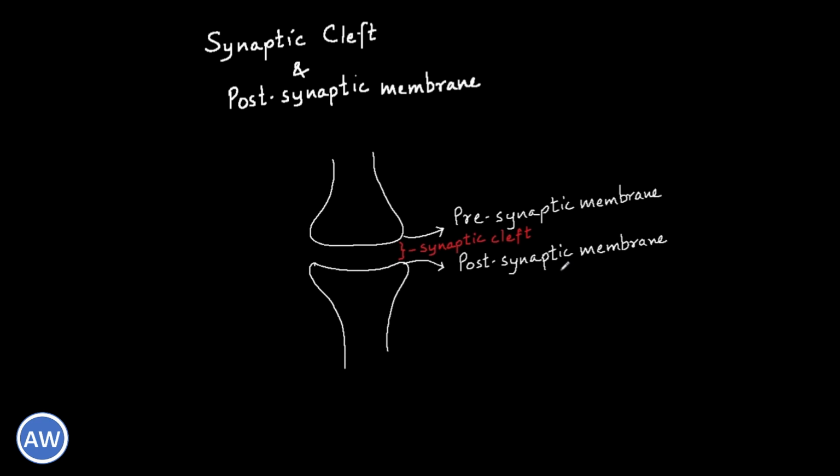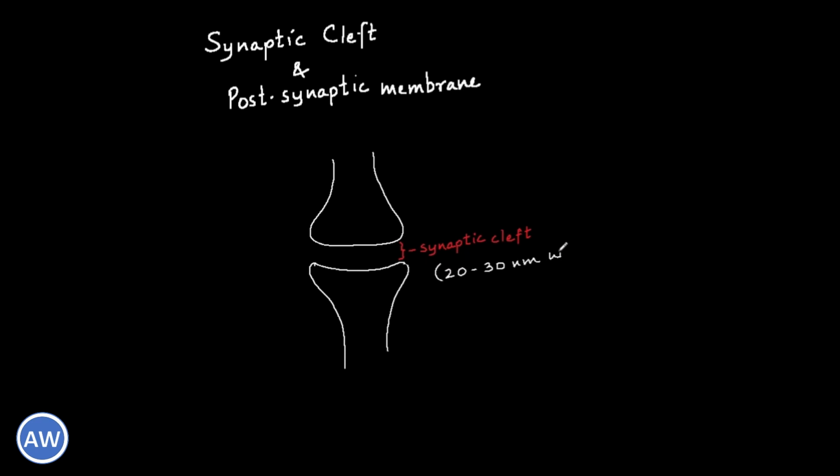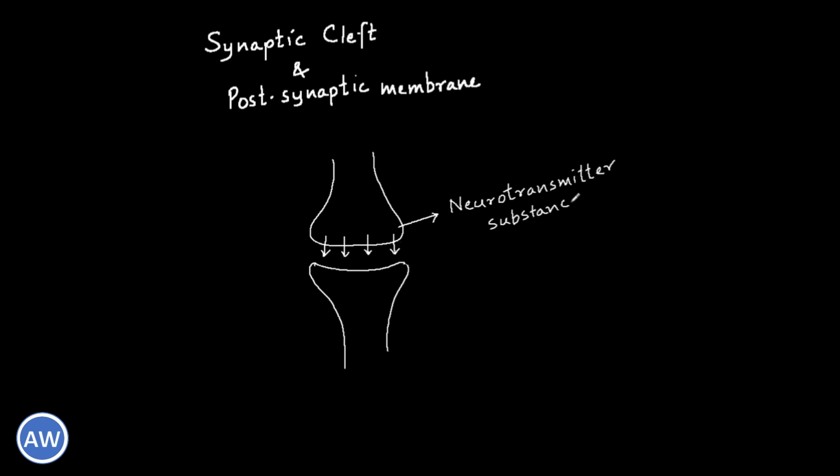This extracellular space is about 20 to 30 nanometer wide. This space contains diverse families of macromolecules, some of which appear to be filamentous and span the entire width of the synaptic cleft. Chemical messenger molecules in the form of neurotransmitters are released into the synaptic cleft in predetermined quantities.